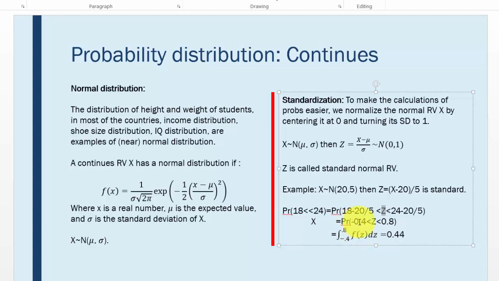Now we can calculate this probability using a definite integral of the standard normal distribution density function from minus 0.4 to 0.8, which is calculated in R and turns out to be 0.44. That means if the age has a normal distribution with mean 20 and standard deviation 5, the chance that we get somebody whose age is between 18 and 24 is 44%.